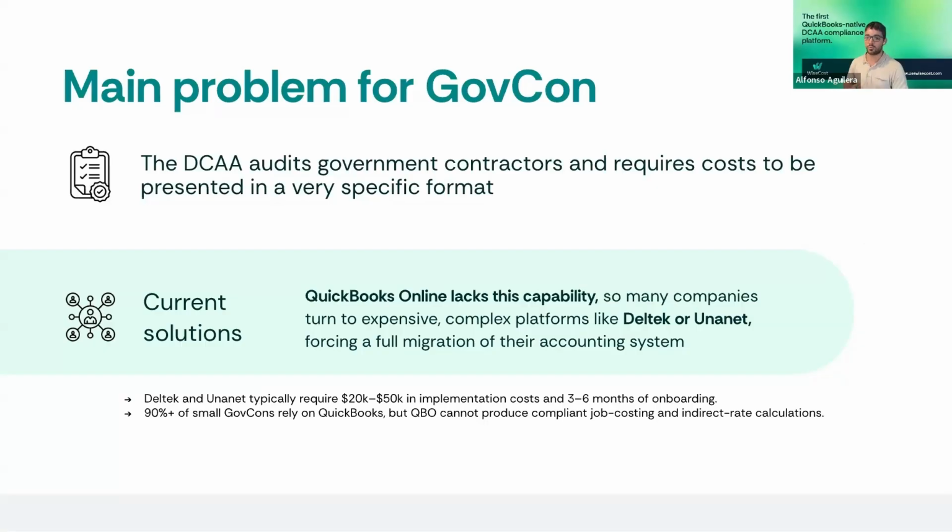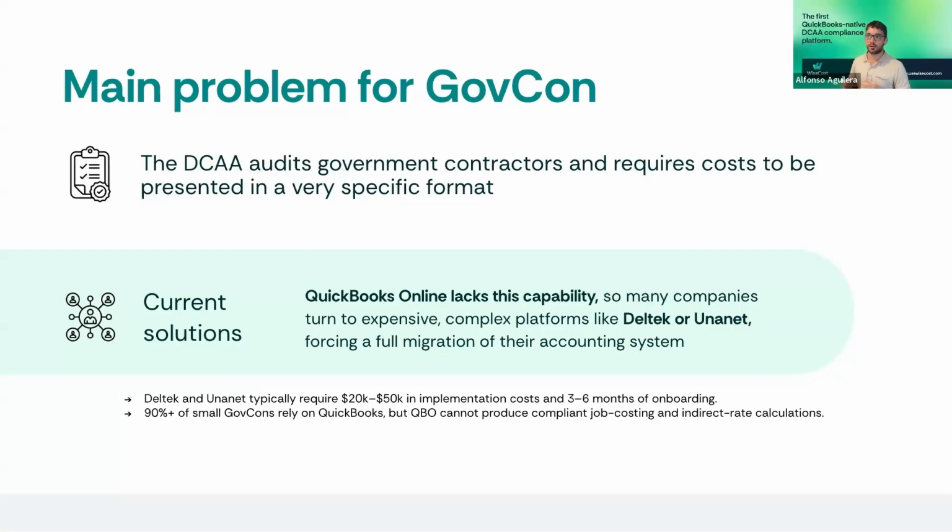What Brian identified is that when government contractors start growing and start selling either to prime contractors or directly to the government, they needed to migrate to very heavy ERPs like Deltek or Unanet. These tools are really robust, but they are really expensive and not user-friendly.